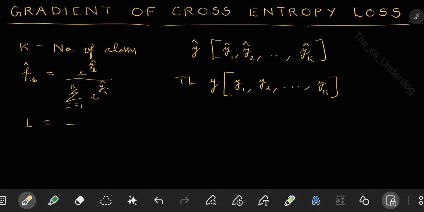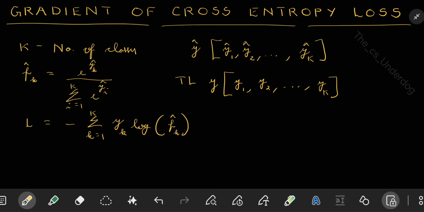So the loss will be minus sigma k equal to 1 to K. You have to consider each class, so yk into log pk cap. What is this yk?